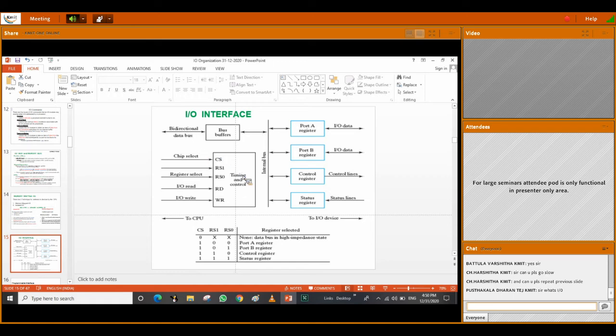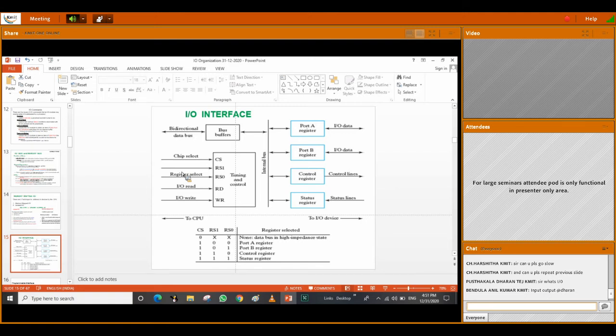Coming to timing and control, in timing and control we have chip selection. We need to select the chip. Chip selection means we can select with which register, for example RS1 or RS0.